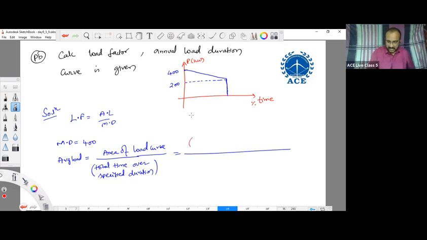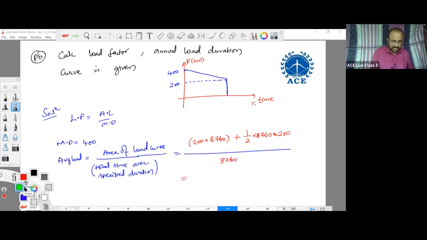The rectangular area is length into breadth: 200 into 8760 hours. Plus the triangular area, half into base 8760 multiplied with height. Height is 200. Divided by the total time, the specified duration of 8760 hours.